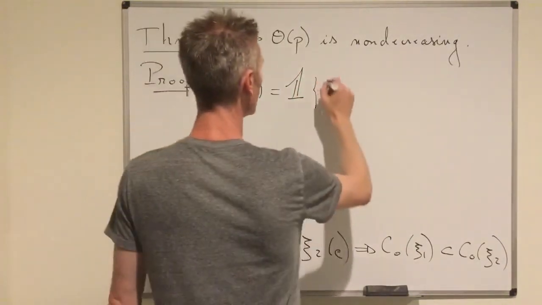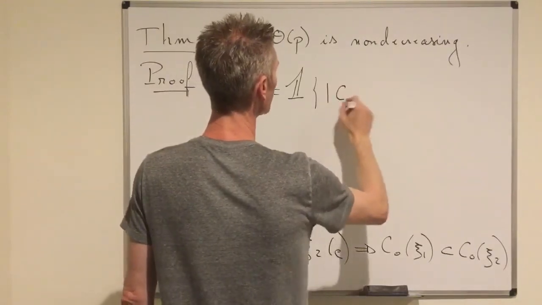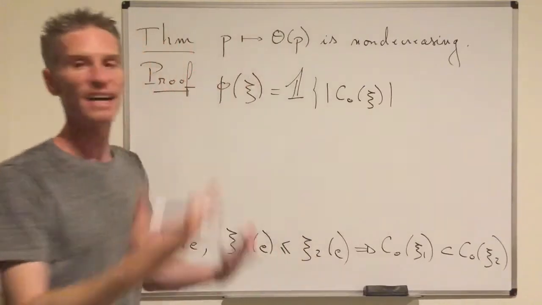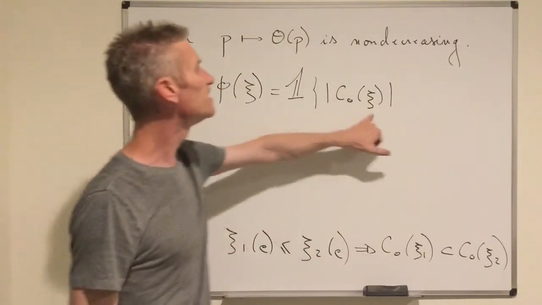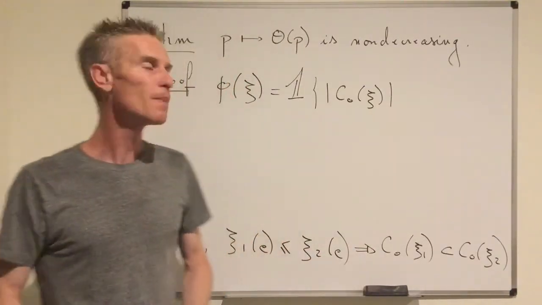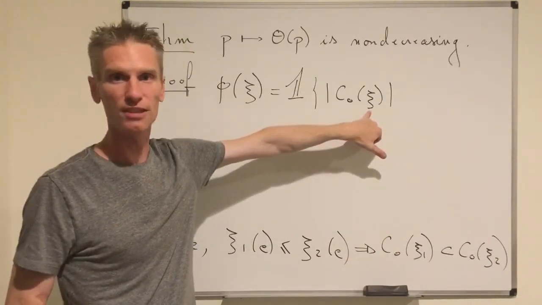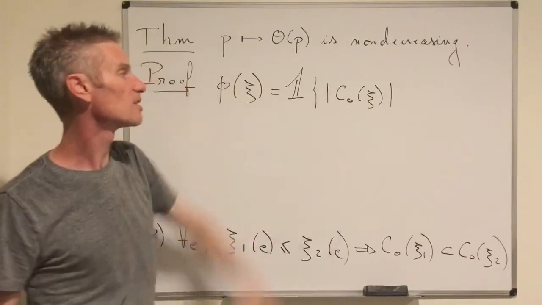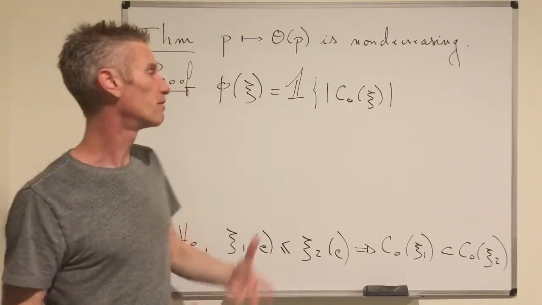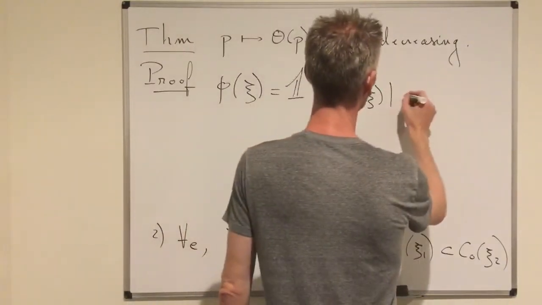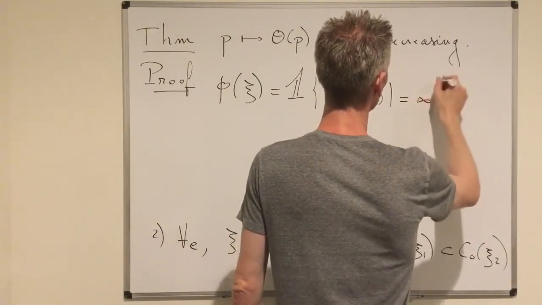So I'm going to say that this means that C0 of xi, so xi is basically a collection of open edges. C0 of xi, that's going to be the cluster of open edges for this configuration xi, that's going to be the cluster or the connected components of open edges starting at vertex 0. And we are going to look at this equals to infinity.